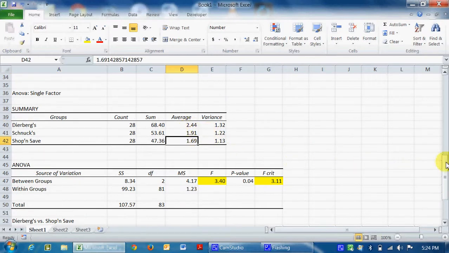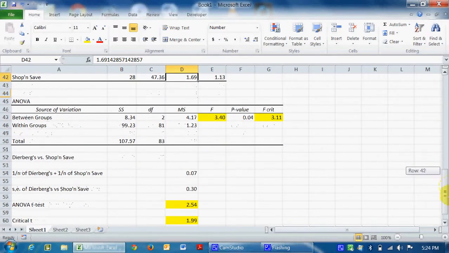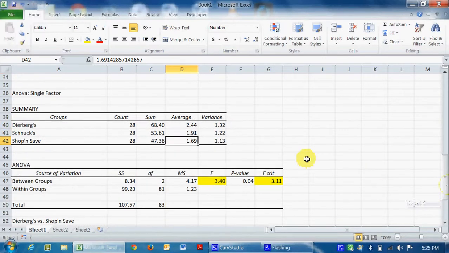We could say that there's a significant difference between those two because 2.54 is greater than 1.99. Now, if this came back instead of 2.54, if it came back at 1.54, we would accept the null and say there's no difference between the means. However, there is a difference between the means, and since Dierberg's is obviously higher than Shop and Save, we could say that Dierberg's prices are significantly higher than Shop and Save.